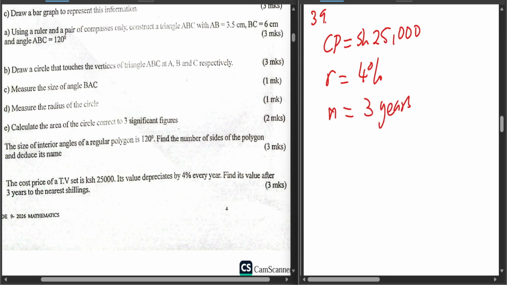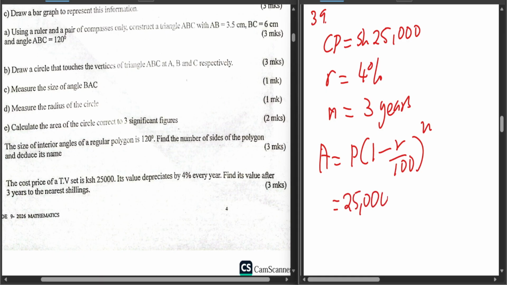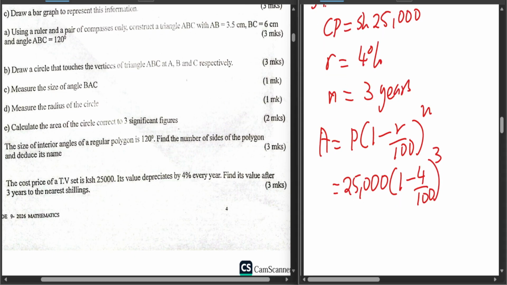This is very easy. You'll use the formula to get the amount. You take P, the principal, times 1 minus r over 100, to the power n. Our principal is 25,000 shillings times 1 minus 4%, to the power 3. Let's see how much it gives us. 25,000, 1 minus 4% is 96%, which is 0.96 to the power 3.